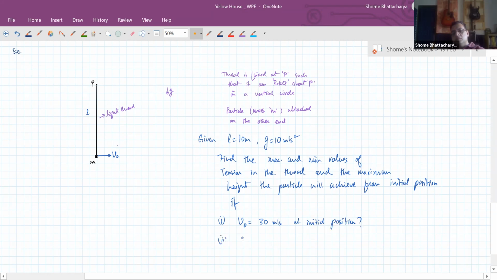And second, if V naught given is 20 meters per second at the initial position. Just try this out with me.